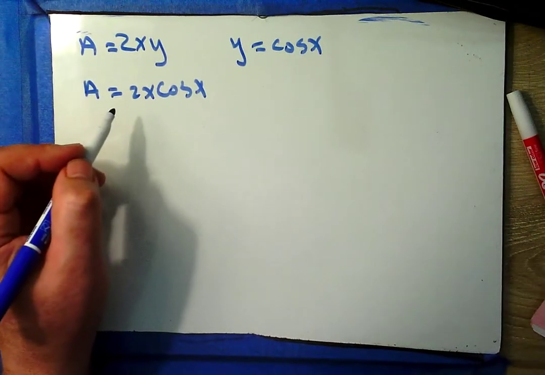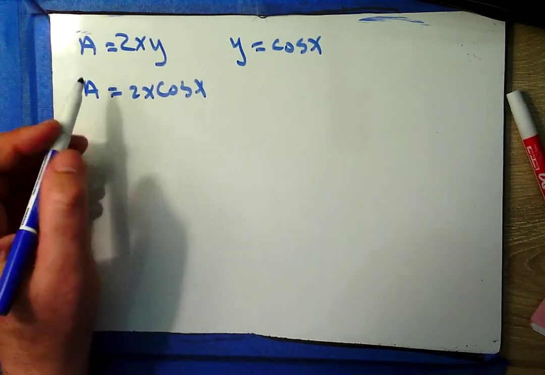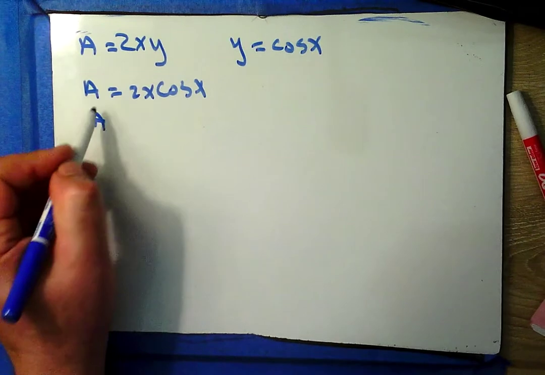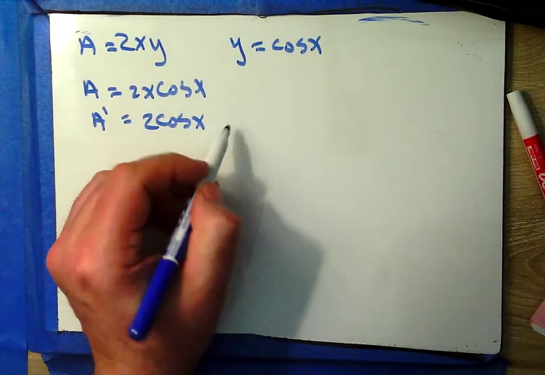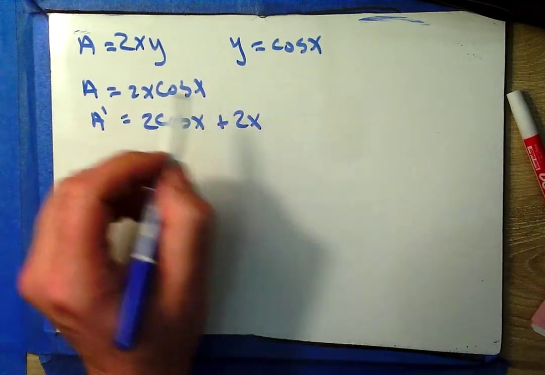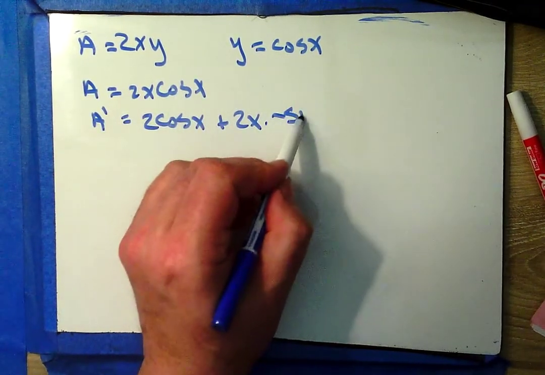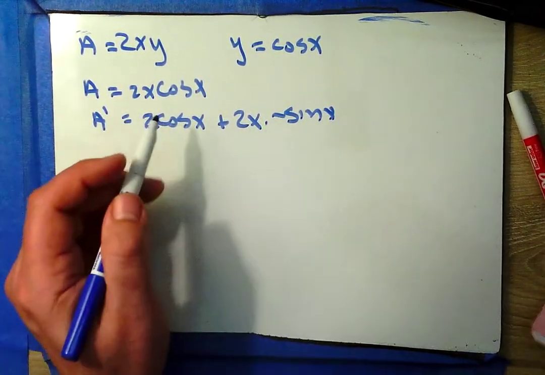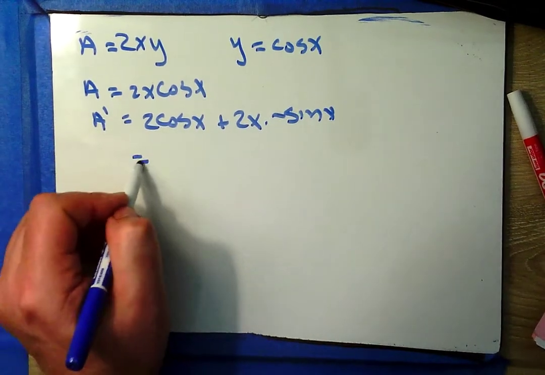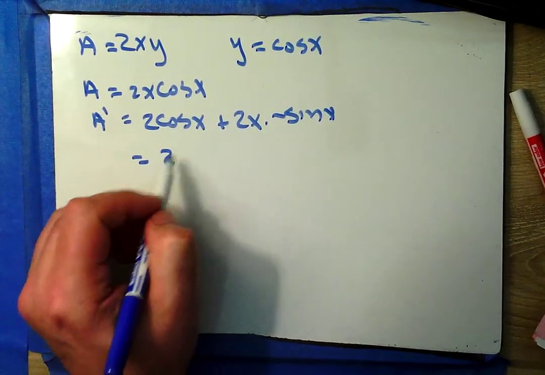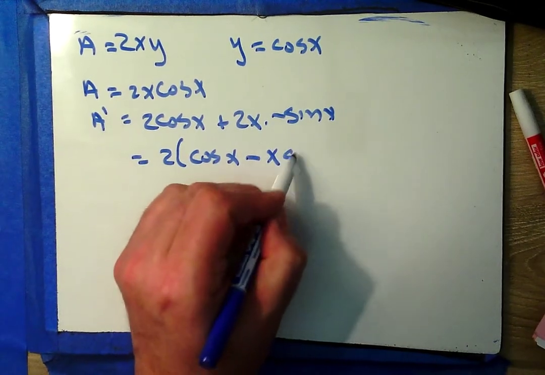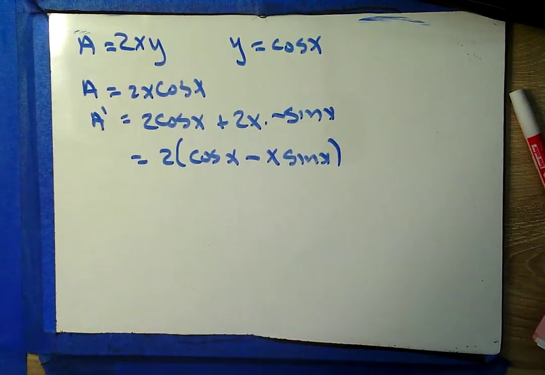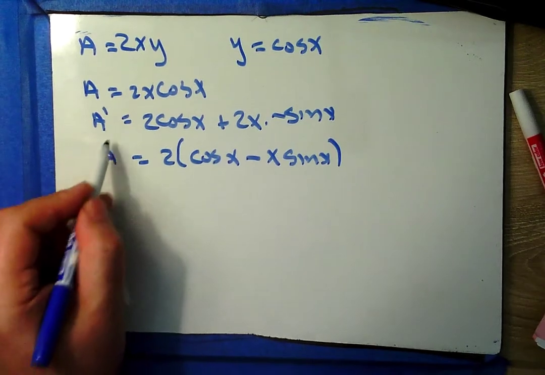And we want to know when this area is a maximum, so let's find A prime. Product rule, 2 cosine x plus 2x times negative sine x. Okay, I guess I can factor a 2 out, and I'll have cosine x minus x sine x equals A prime.